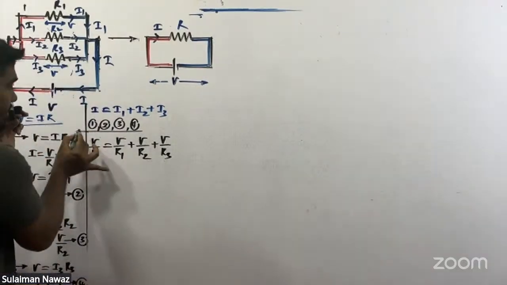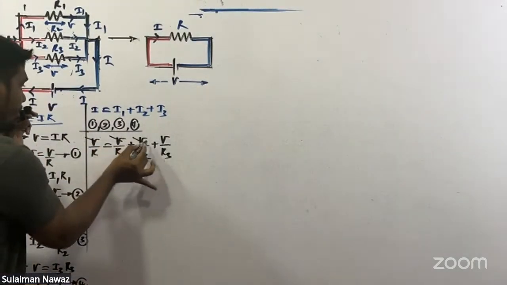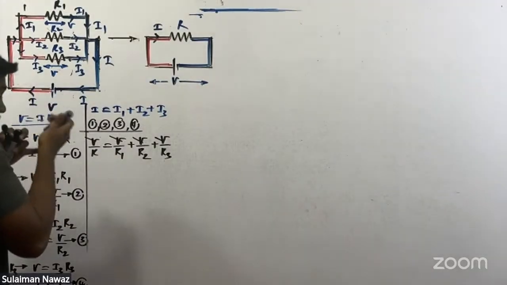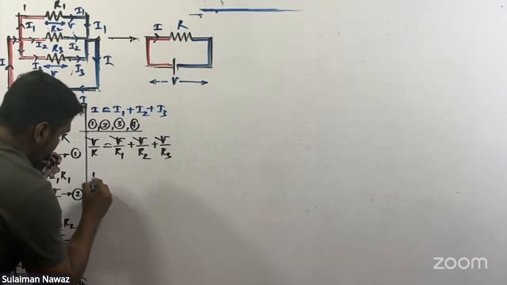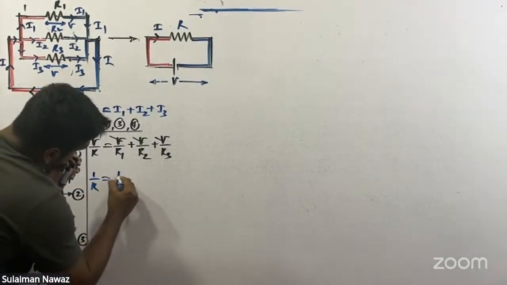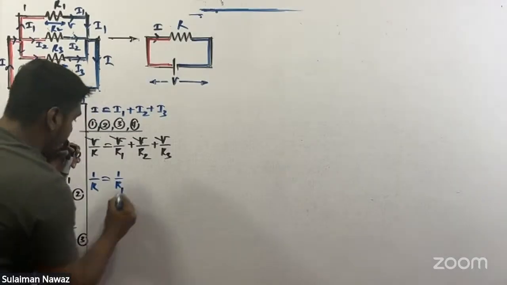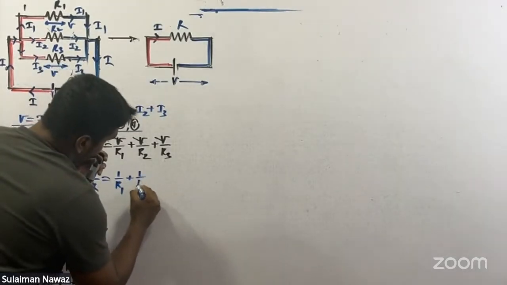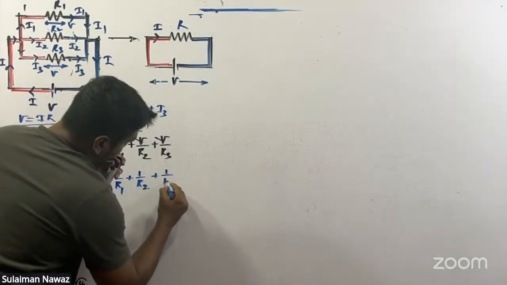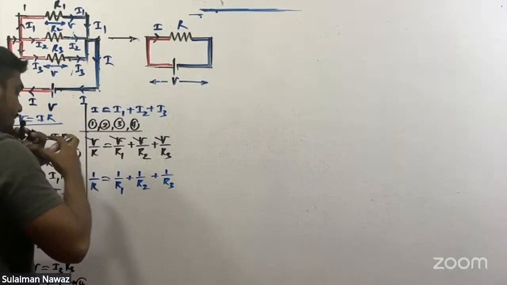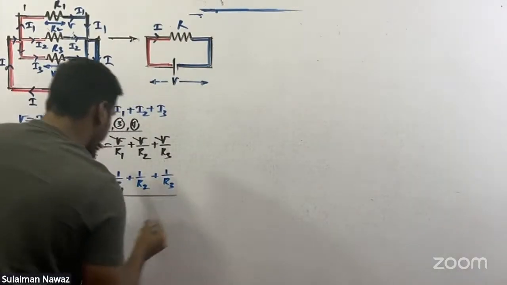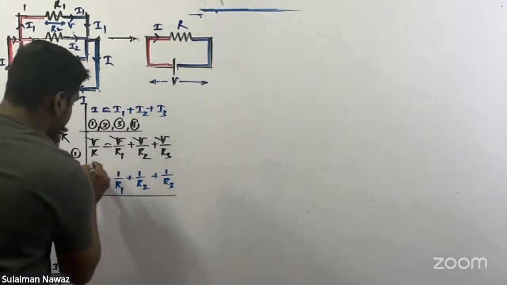Finally, all the V terms cancel out. Then we can write the equivalent resistance of a resistor system in parallel: 1 over capital R must be equal to 1 over R1 plus 1 over R2 plus 1 over R3. Highlight this equation, very important.